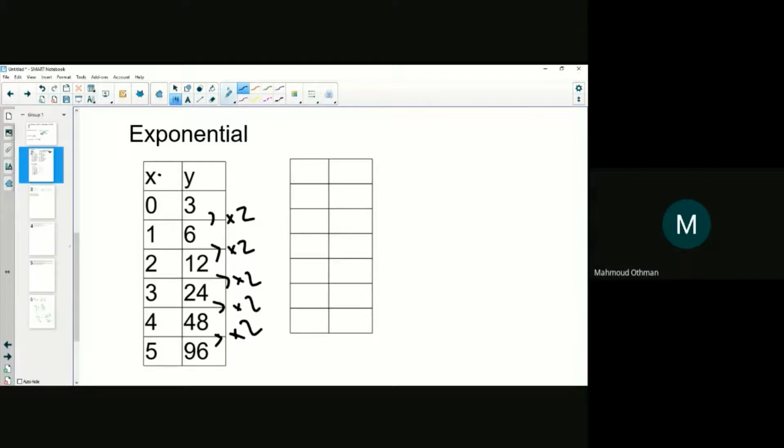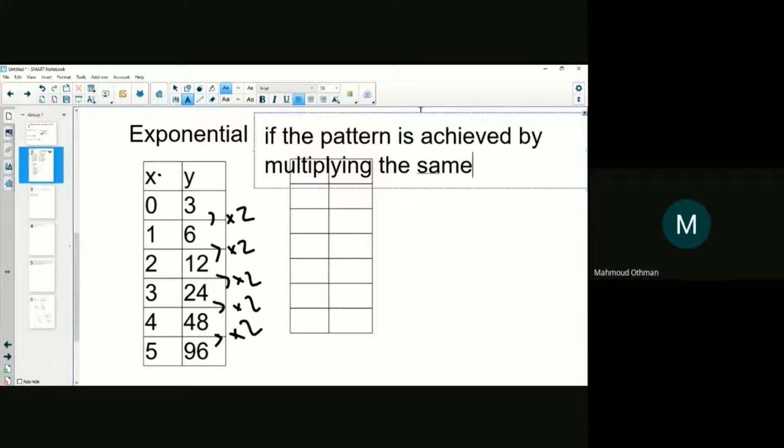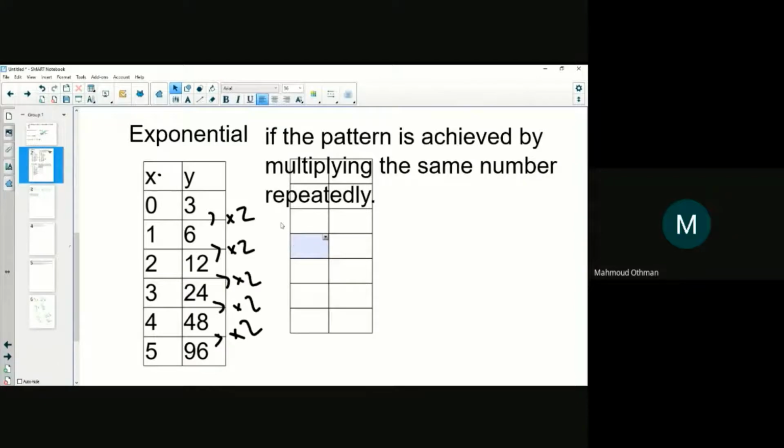You know it's an exponential function if the pattern is achieved by multiplying the same number repeatedly, versus other functions where you'd have to add to get the pattern.